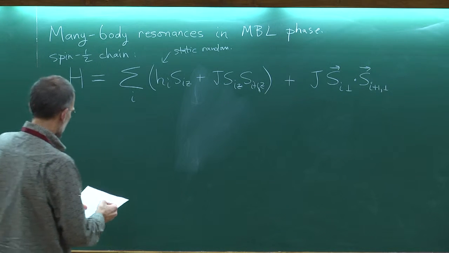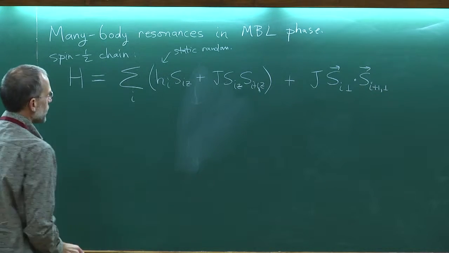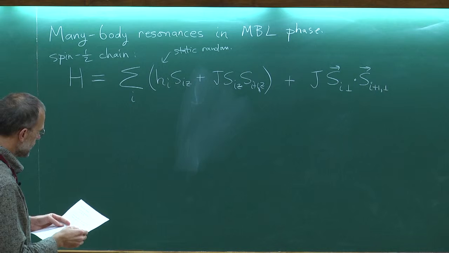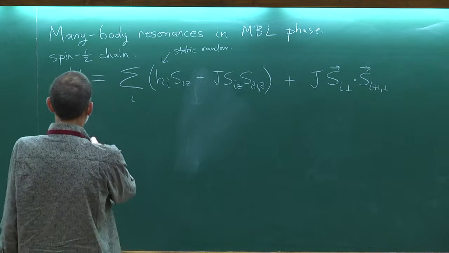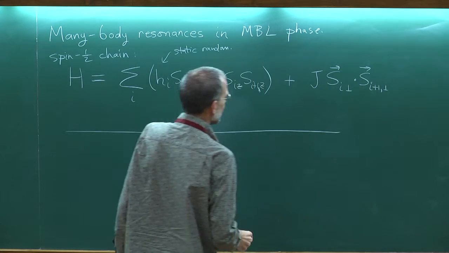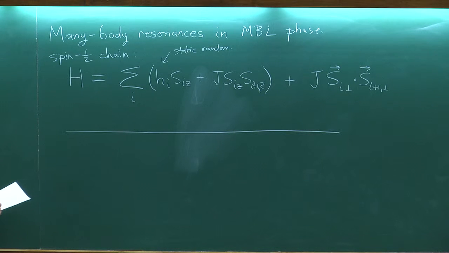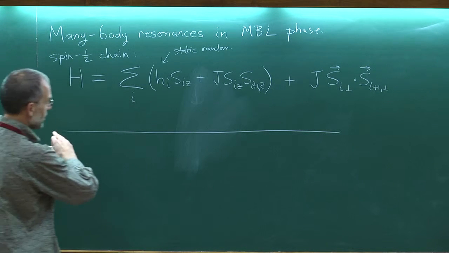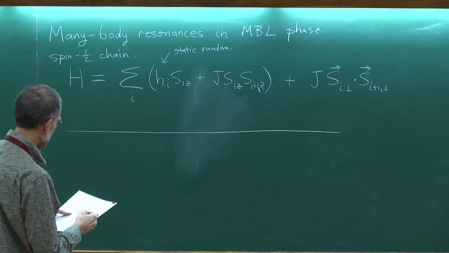Okay. So I want to talk about these resonances here, and let me show this in a picture. It's a one-dimensional system, so I just draw a line here. That's the one-dimensional system.